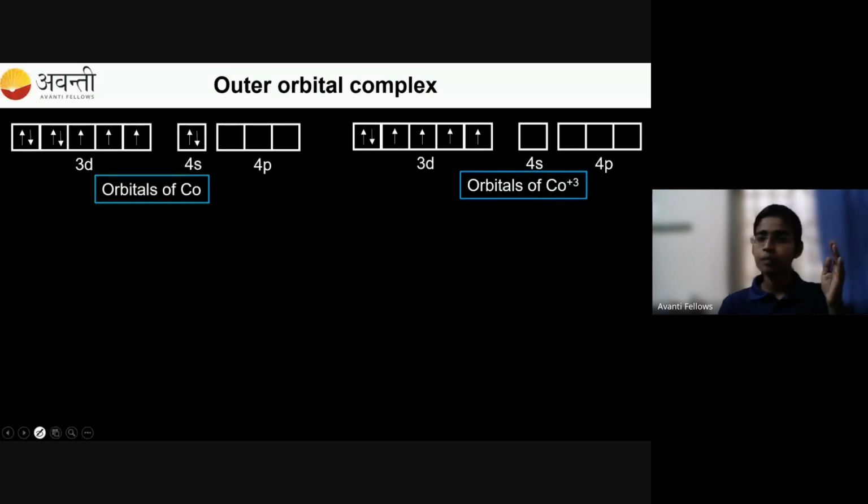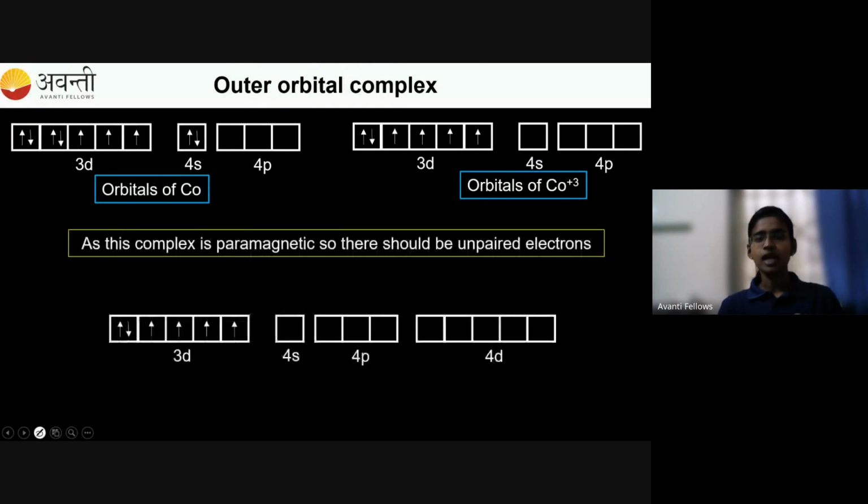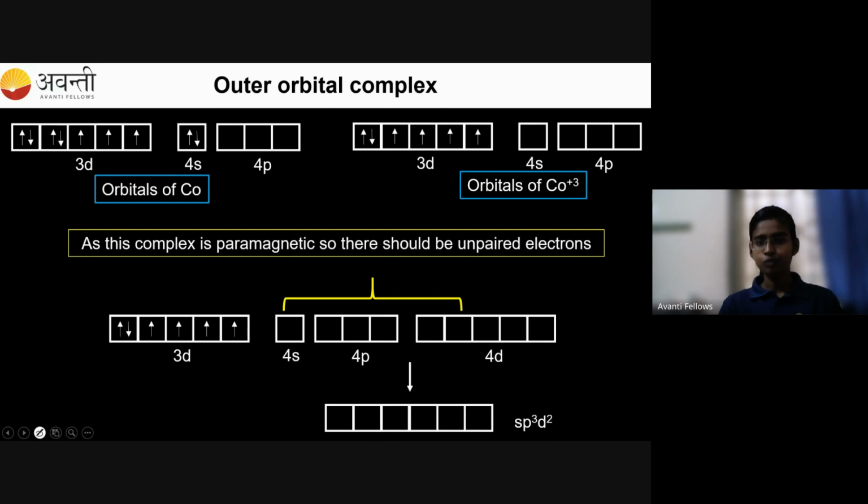But they showed that this complex is paramagnetic, right? So there should be unpaired electrons present in the complex. Since the complex is paramagnetic in nature, there should be the presence of unpaired electrons in the system. So you cannot pair up these electrons, and the 4 unpaired electrons remain as such. Okay. Now, which orbitals are going to intermix? Only the empty orbitals will intermix. So you can see one 4s, three 4p, and two 4d.